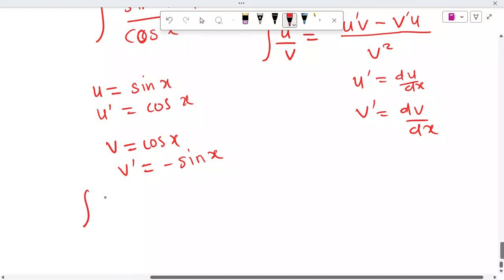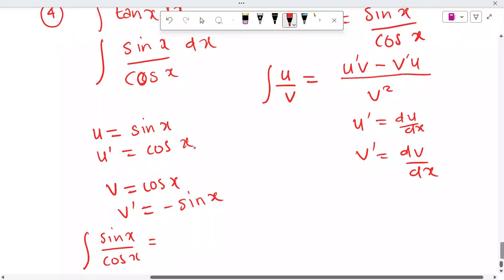So I'll repeat the formula. So sine x over cos x. So we have u prime, what is it? Cos x.